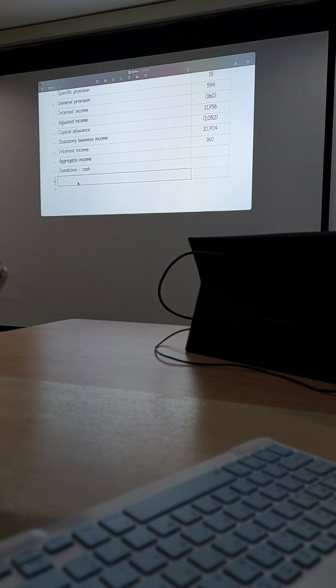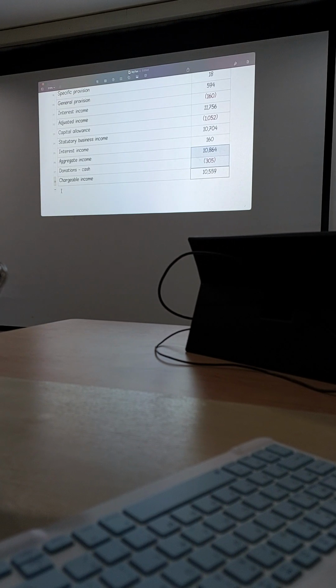Then only you get chargeable income. So aggregate income, sum, then minus off your donation, only the cash. Okay, done. The BIK is not allowed.